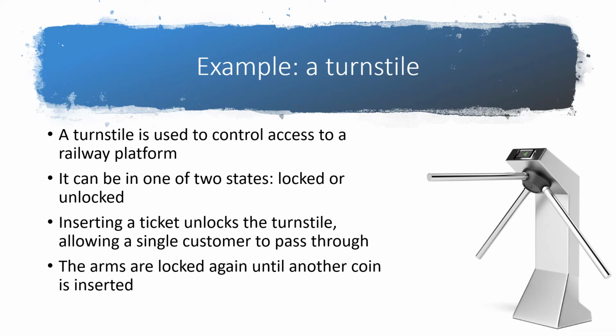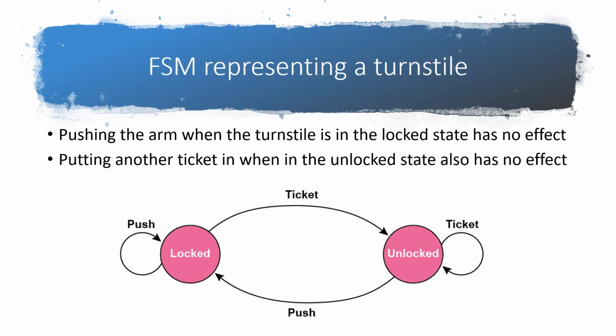But one of the key things is that if we push on the arm of the turnstile, it's locked, right? It's the ticket that actually unlocks it, but that only allows one person through. So we can actually show this on a diagram.